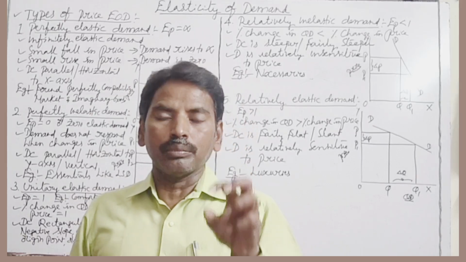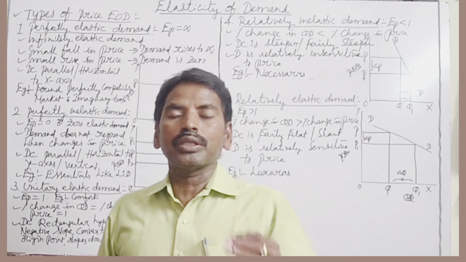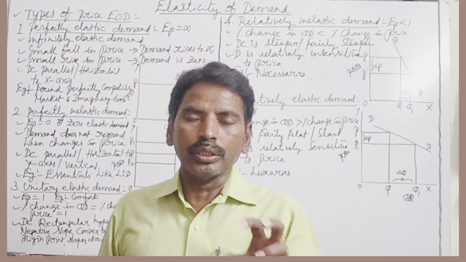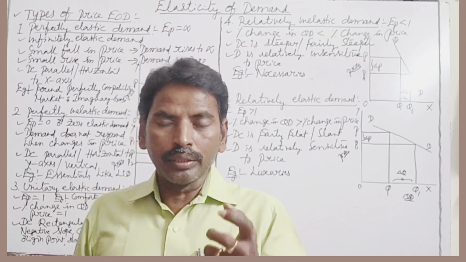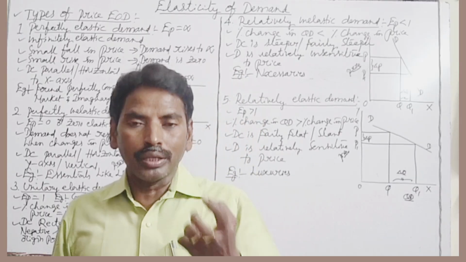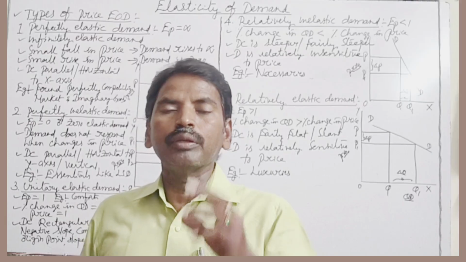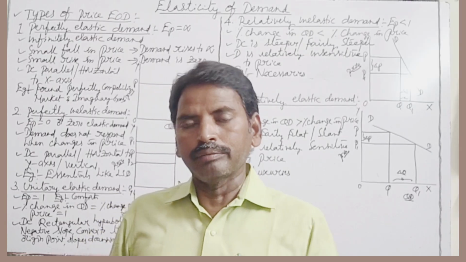Price elasticity of demand is always negative because there is an inverse relationship between price and quantity demanded. But for the sake of our convenience, we ignore the minus sign and express the absolute value of price elasticity of demand.